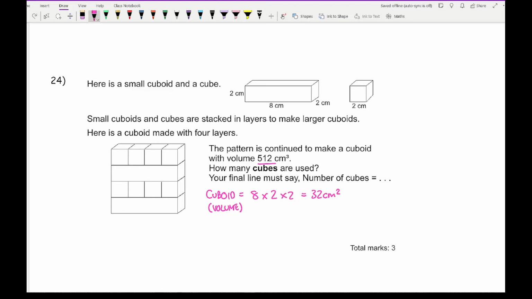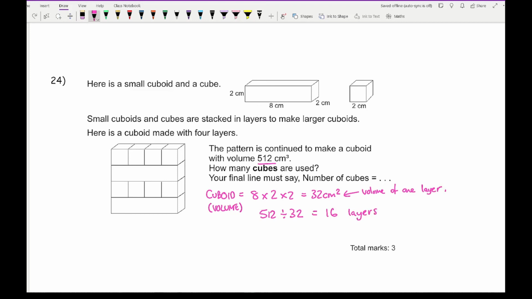So we do 512 divided by 32, because that is the volume of one layer. And that gives us an answer of 16. So it's going to be 16 layers.